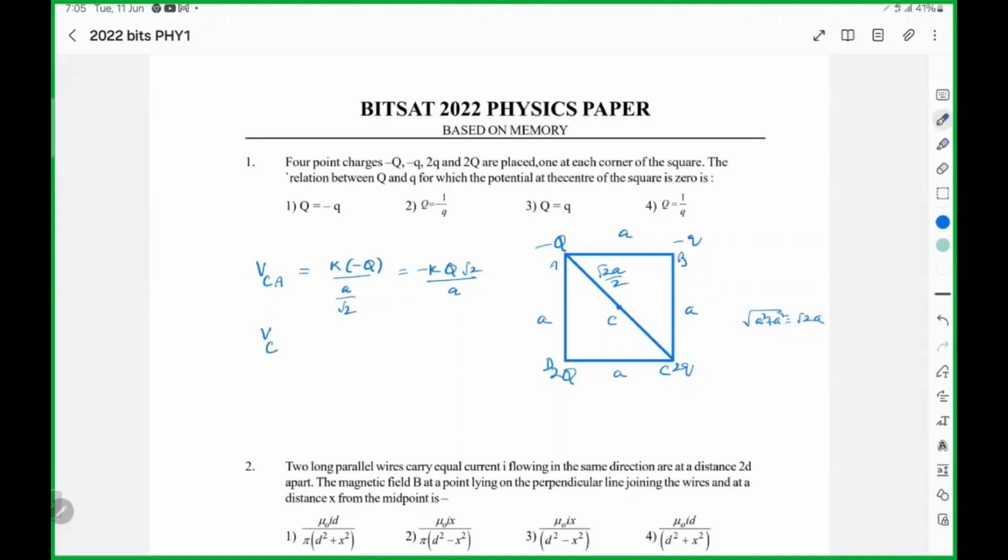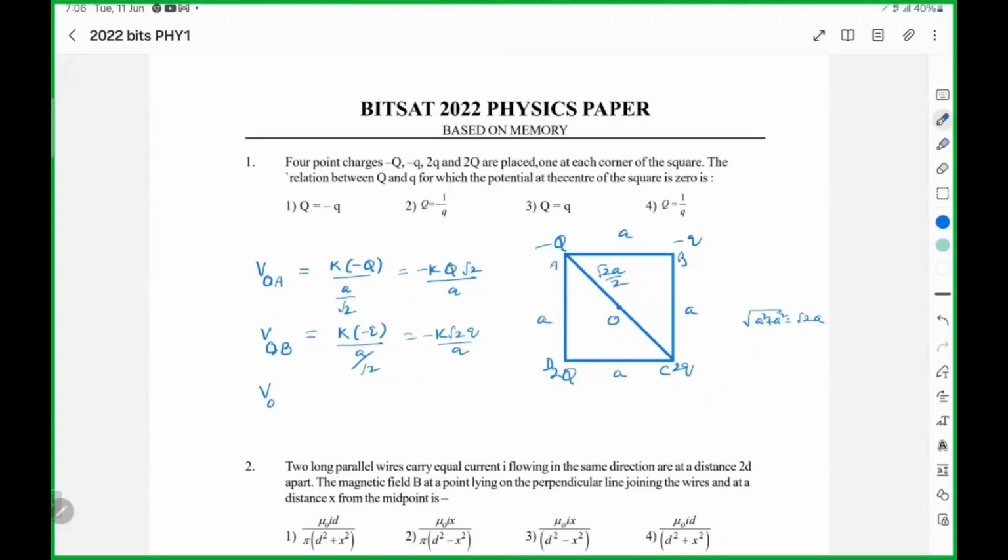Potential at the center, let us say O, due to the charge present at B will be k times minus q by a by root 2, that is minus k root 2 q by a.